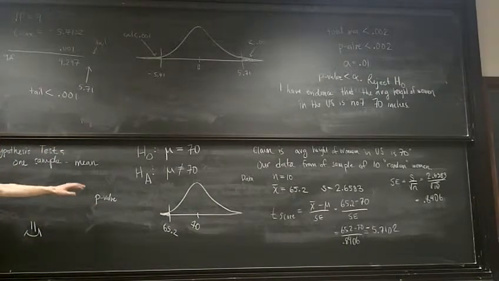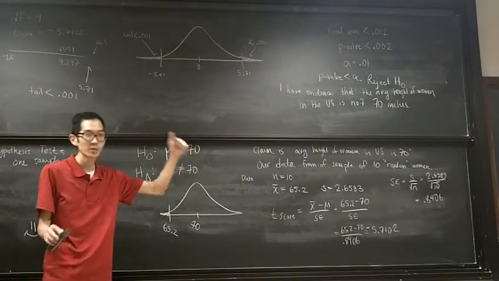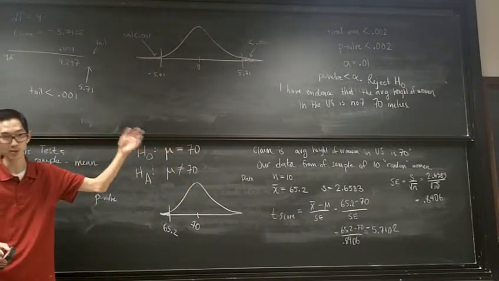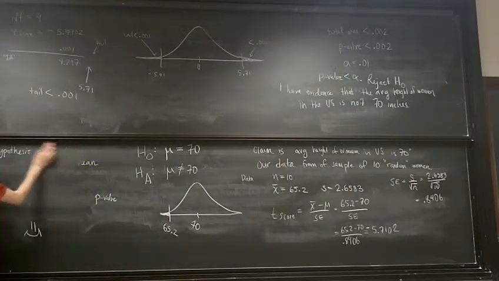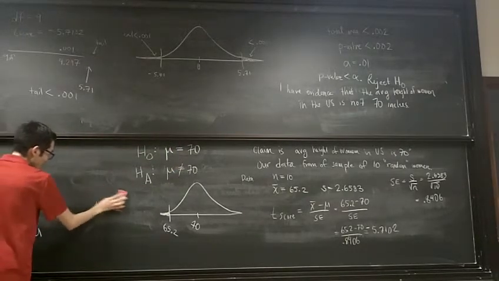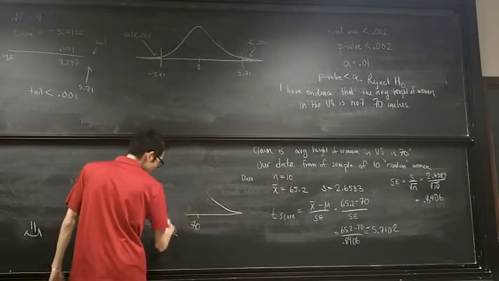So we've done confidence intervals for one sample with means, hypothesis tests for one sample with means. What do you think we're going to do now? Two means. Two samples. Confidence intervals and hypothesis tests for two samples and means. I know, you guys are really excited.